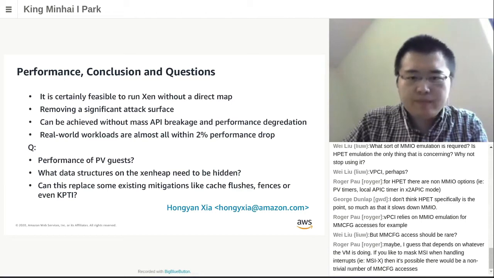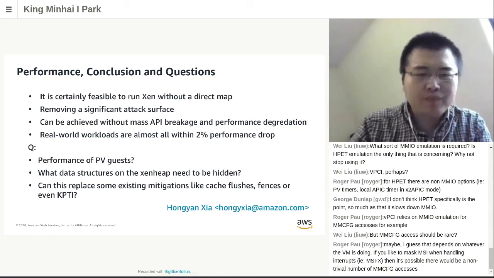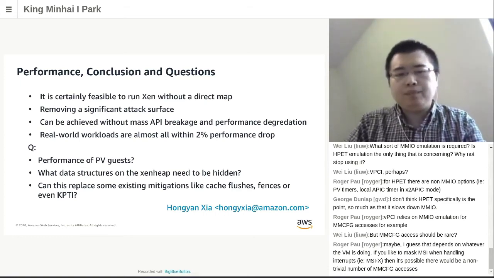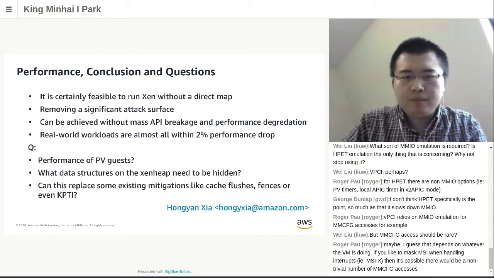You actually have a lot of questions that have accumulated in the chat. I do actually have an answer for one of your questions, though, the performance of PV guests. At the moment, because PV guests expose a high mem low mem split in the direct map, and 64-bit PV guests are preferentially allocated from the top of memory downwards, chances are you're already mapping and unmapping for the page table operations that exist, because PV would be allocated high enough for you to already need that.